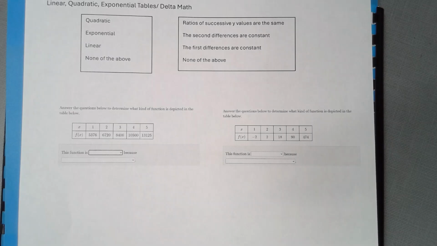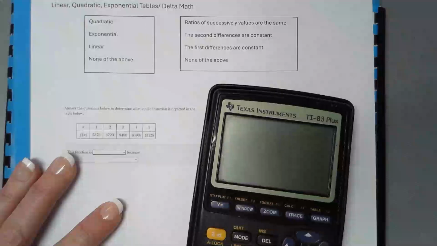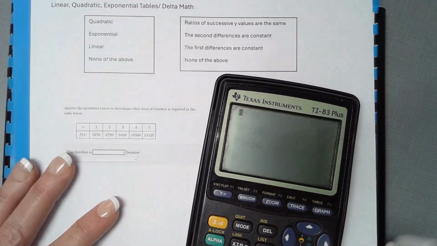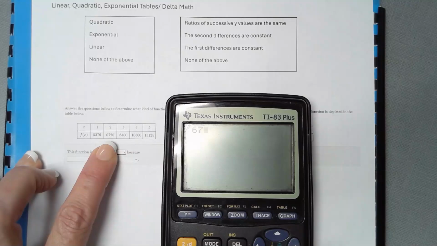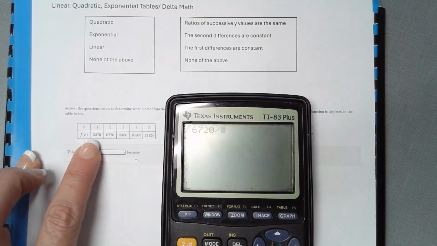You always go backwards. So I need everybody doing this. I'm talking about the second number here divided by the first number. Okay, so second is 6720 divided by the first is 5376.